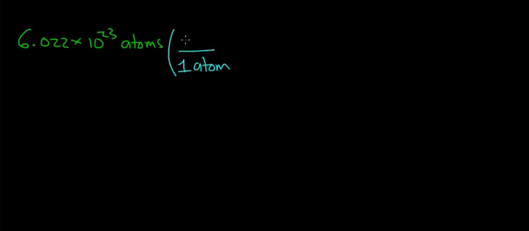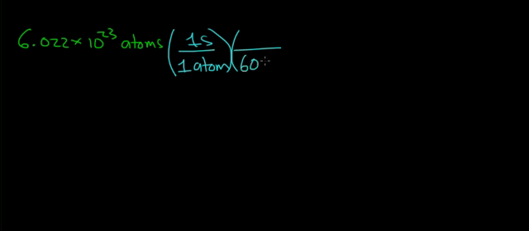So I know that there are 6.022 times 10 to the 23rd atoms in 1 mole. And here's the key. I know I can count out 1 atom per 1 second. And now, let's say I want to figure out how long it would take to count all of these atoms in Earth years. I perform the next series of conversions.